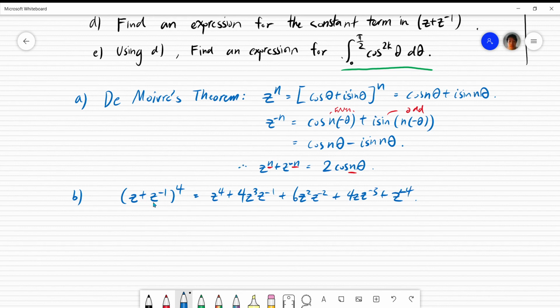Well, this is just cosine theta. So let's put on different colors. This is 2 cosine theta, to the fourth power, is equal to... Let's rearrange this.